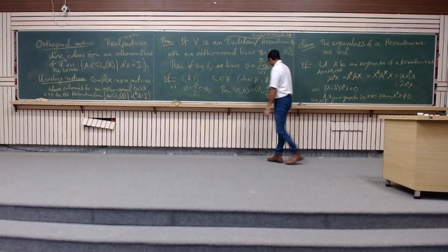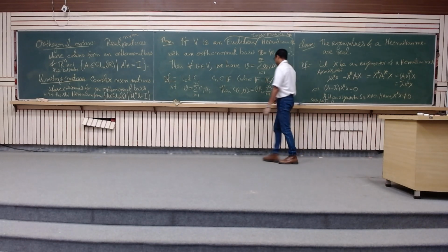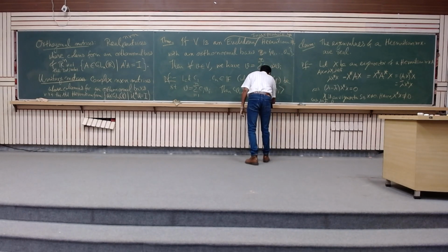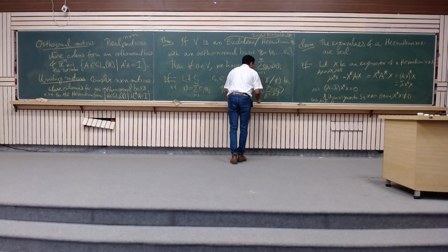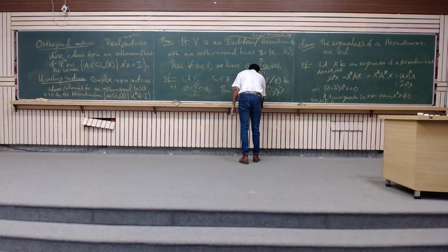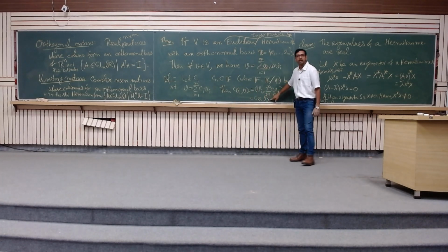Let's change this dummy variable to j running from 1 to n, because here we have some fixed i. And this gives you Ci times Vi Vi?